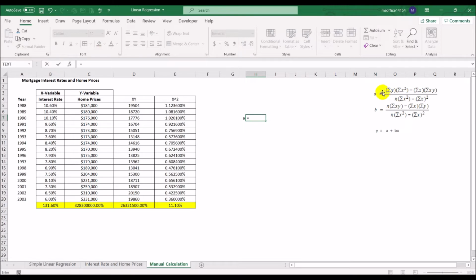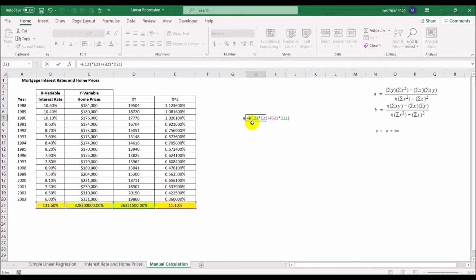Open bracket, summation of y into summation of x squared, close bracket, minus open bracket, summation of x into summation of xy, close bracket.